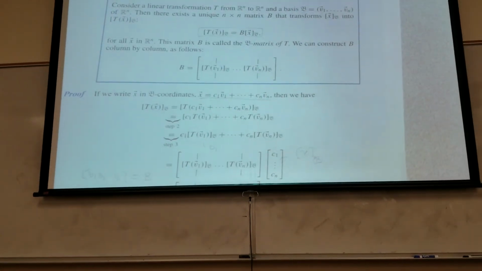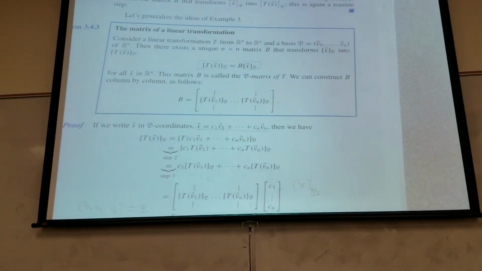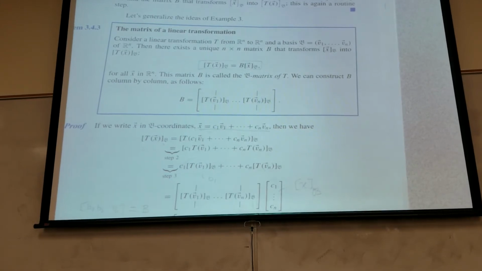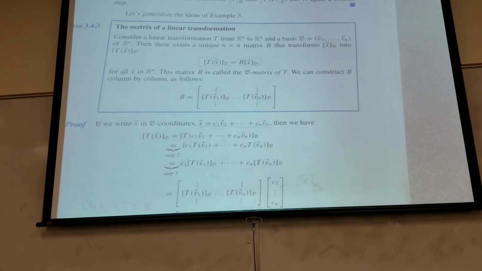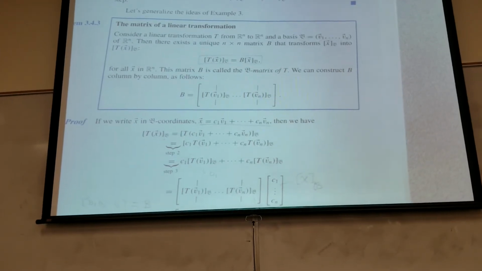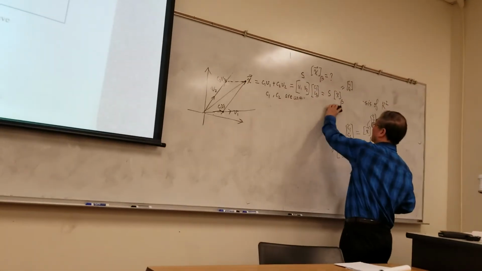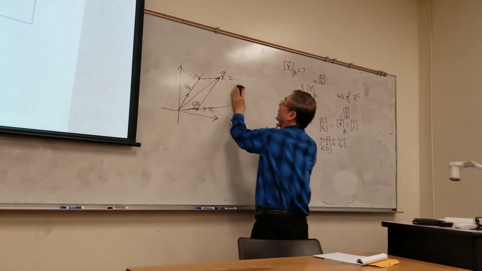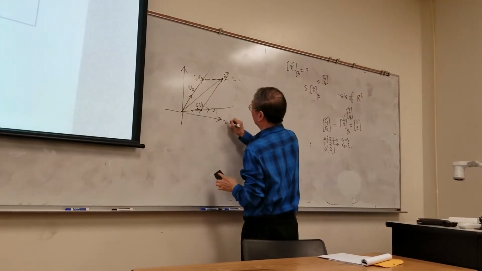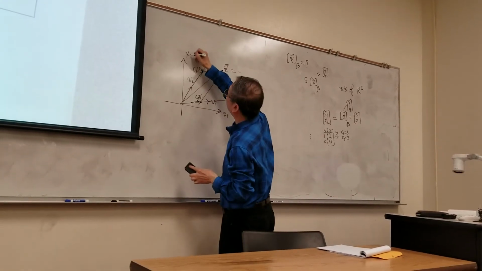So now we put in a transformation. Now we have a linear transformation. What happens is this. We have x1, x2 here.